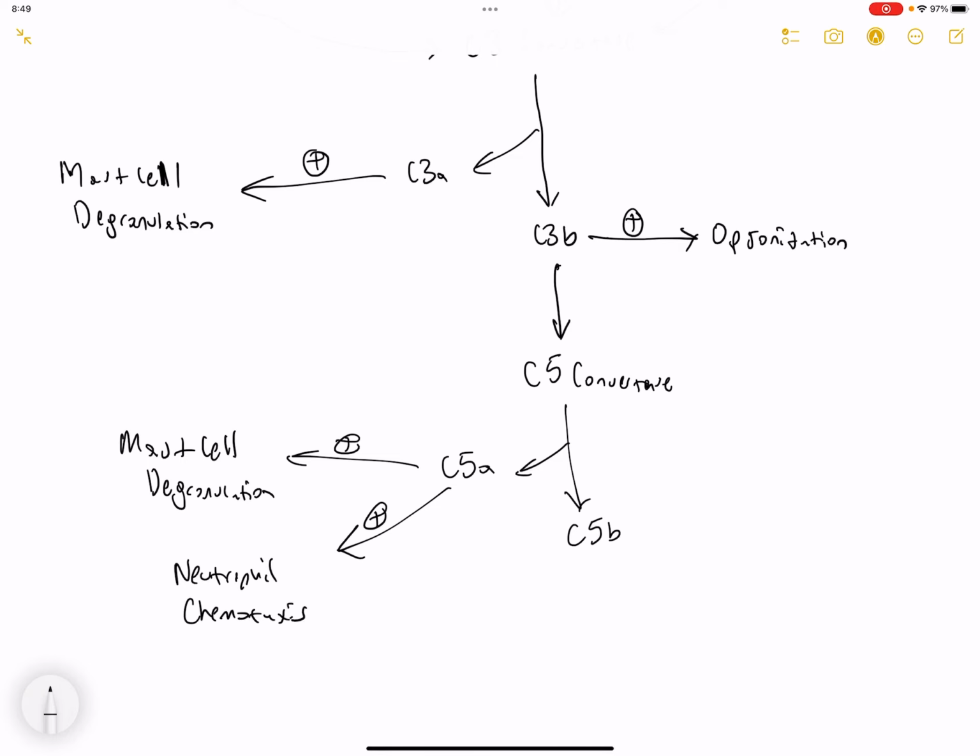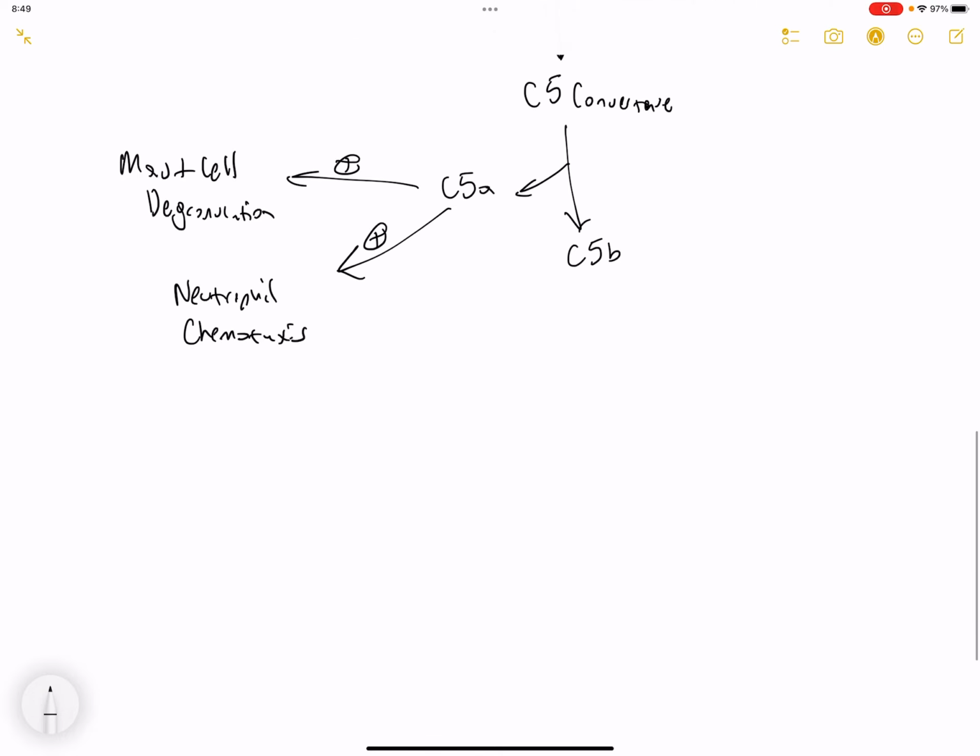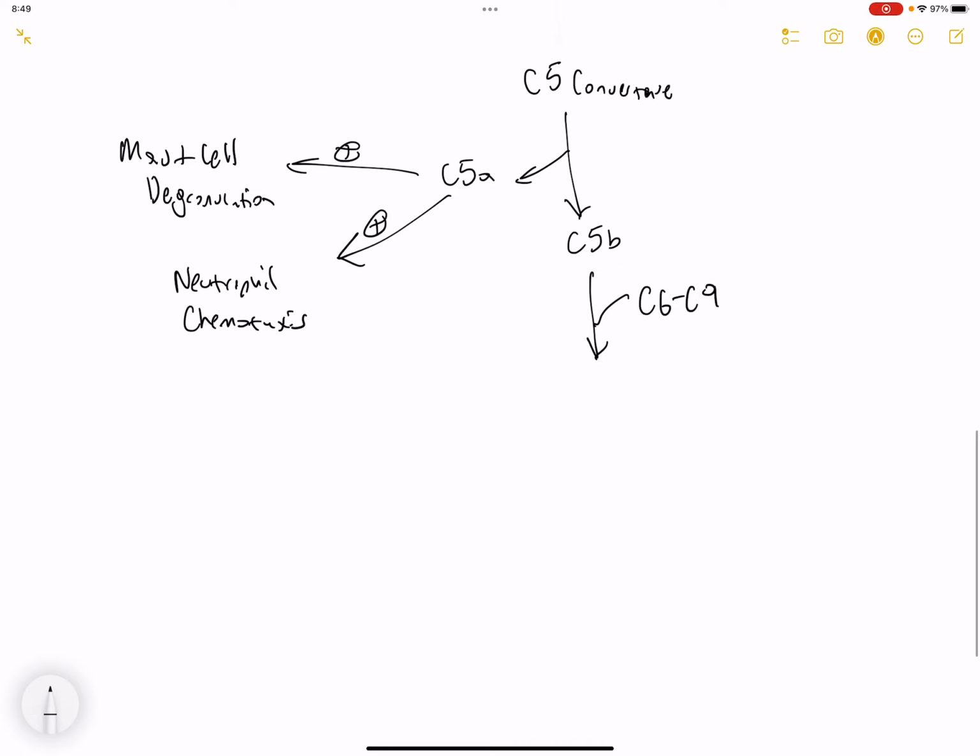So it is also going to upregulate neutrophil chemotaxis. Now, once we have the formation of C5B, it is going to combine with the complement proteins C6 through C9 to produce the membrane attack complex.